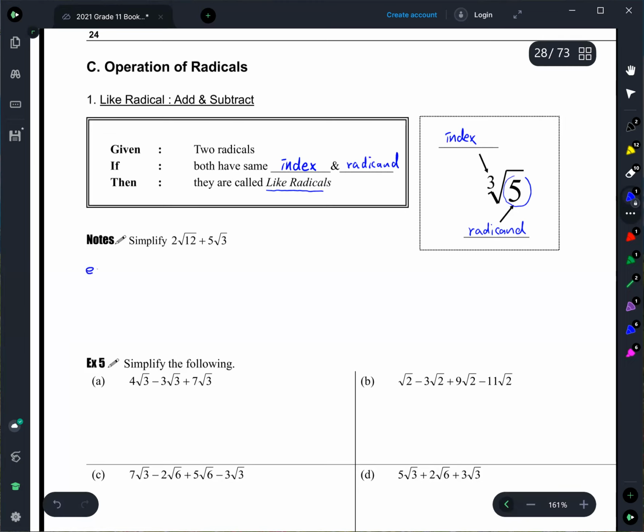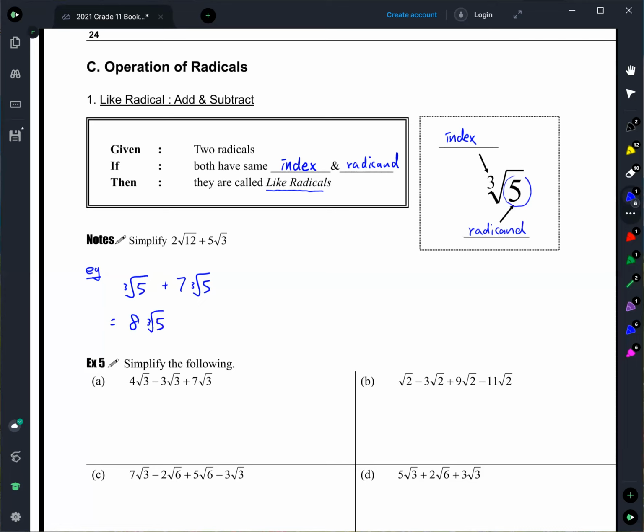They look alike, so we can add them up if they are like radicals. For example, if I have cube root of 5 plus 7 cube root of 5, then we can add them together and make it 8 cube root of 5. The 5 inside, you cannot add together. So cube root of 5 plus cube root of 5 is not cube root of 10.